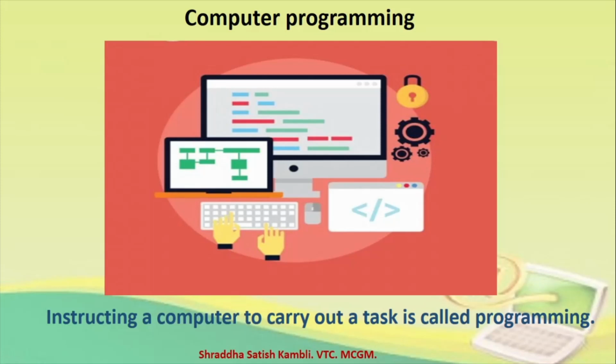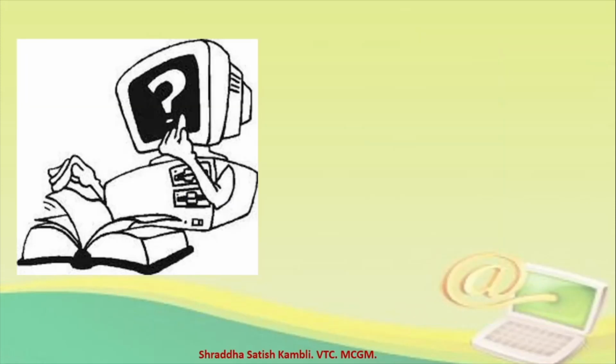And the way in which these people do it is called computer programming. Instructing a computer to do some kind of work is called programming the computer. So giving instructions to the computer means you are programming the computer.